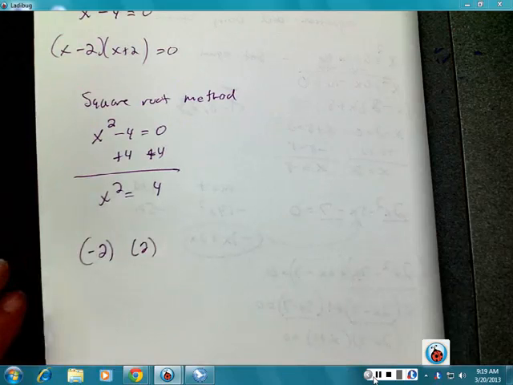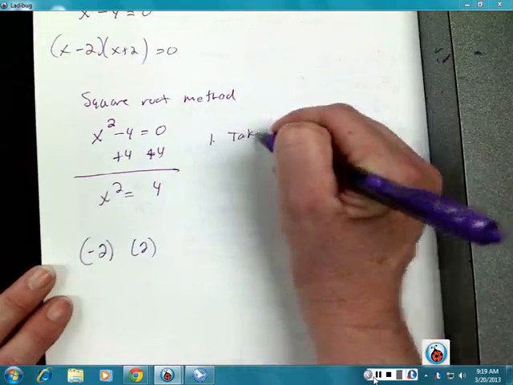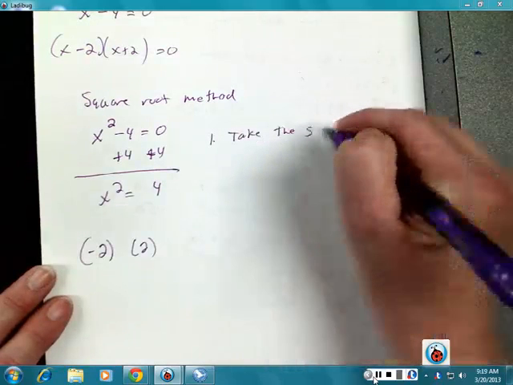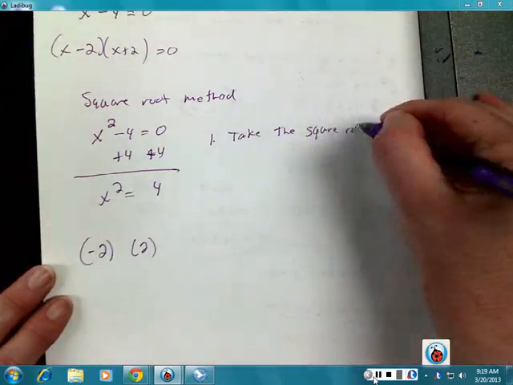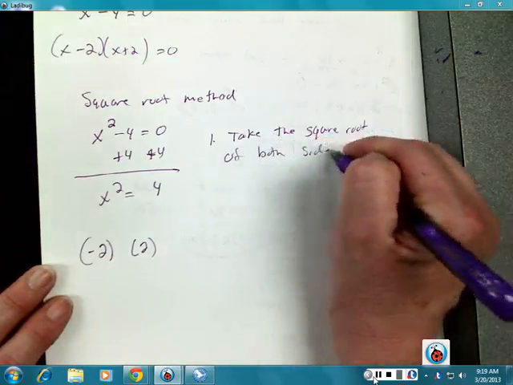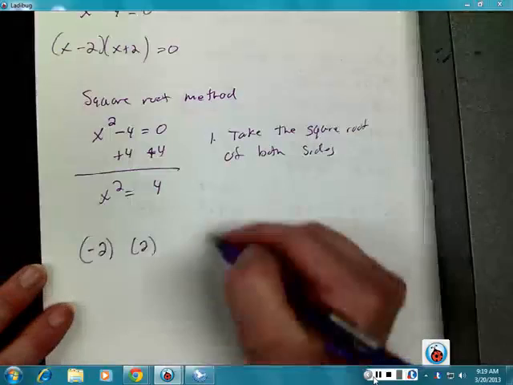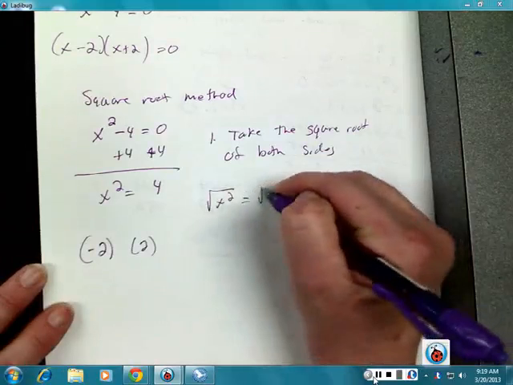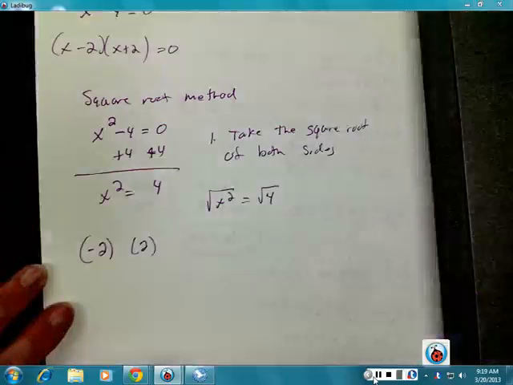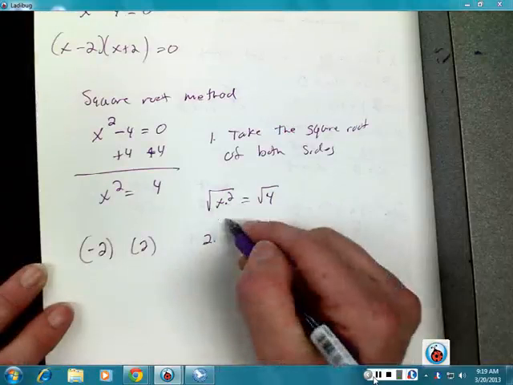+2. So what ends up happening with my square root rule is it says take the square root of both sides, and when I do that, I take the square root of x squared equals the square root of 4. But the thing that's going to come out of this is when I take the square root of x squared, I get x.